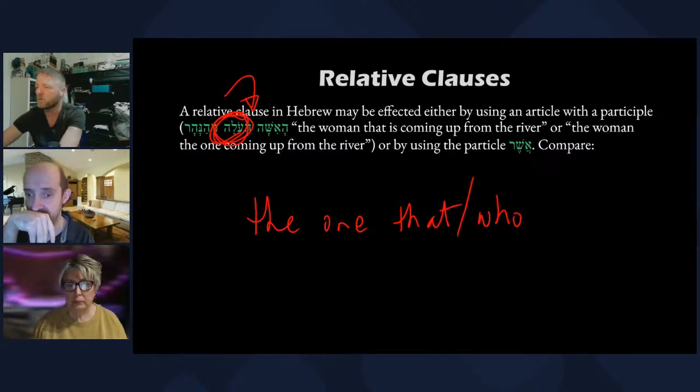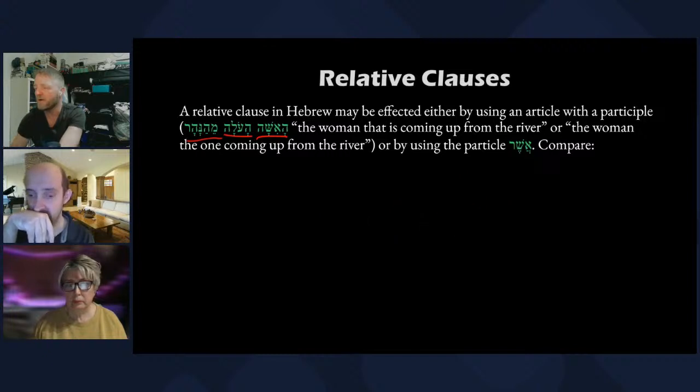Okay, so ha'isha ha'ola mehanahara. The woman, the one coming up from the river, which means the woman who is coming up from the river. Or we're going to use this asher with the past tense, future tense, and all the other tenses. Or a verbless thing.